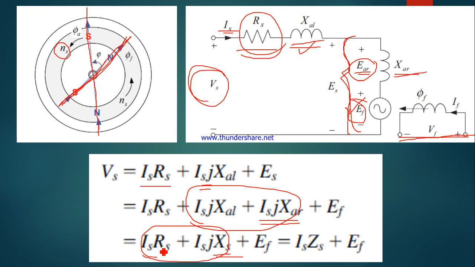If you take IS common, in between it should be RS plus JXS, which is nothing but the total impedance of the stator. So your Vs is equal to the voltage which you are applying to the stator, which is nothing but IS ZS plus EF. This is very simple, like your separately excited DC machine armature side voltage equation.